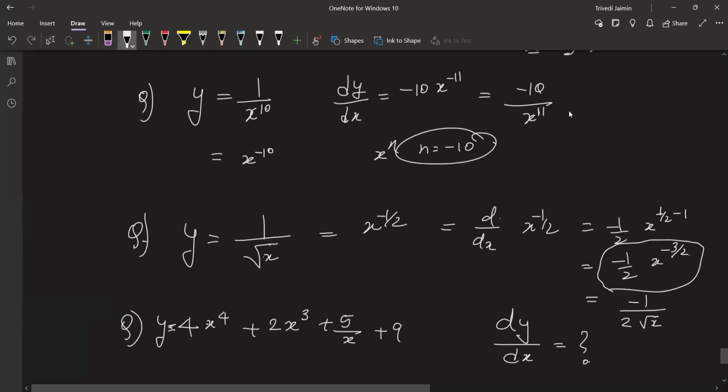Okay, see what I want here. If I send this x to the power minus 3 by 2 as denominator, it will be 1 by x to the power 3 by 2. 3 by 2 means 1.5, which means 1 plus half. So half is root. So x root x.